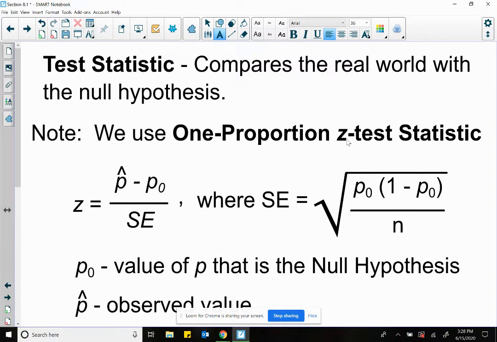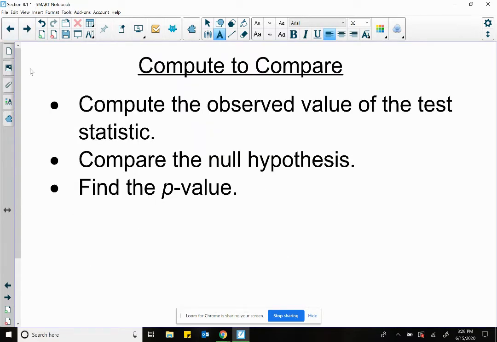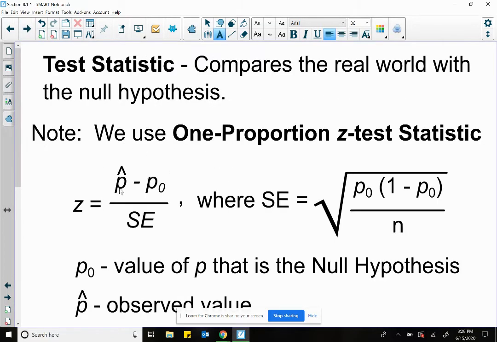So let's talk about how we deal with this one. So we basically take our observations, we take that observed value, we find that p hat, give it a second, and we subtract the population parameter from it and divide by the standard error. We get a z-score. Okay? Where standard error, just like what we've seen before, is the square root of the population parameter times 1 minus the population parameter, all over n.